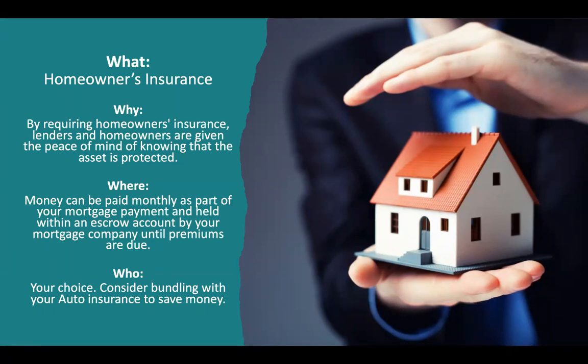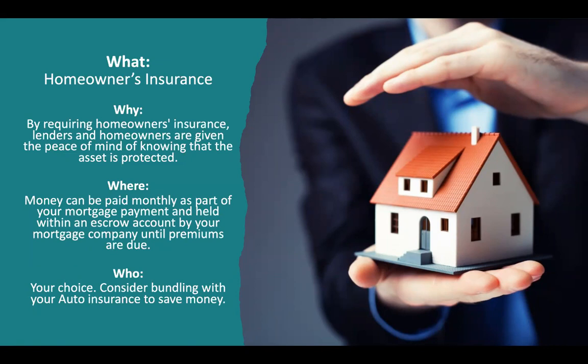So where do I pay this? You can choose to, again, have your insurance be part of your mortgage payment. That would be put into that escrow account, and then at the time your insurance premiums are due, they would take it out of that escrow account for you.